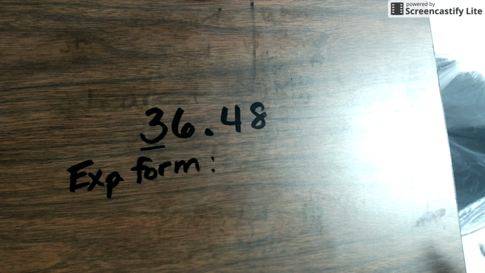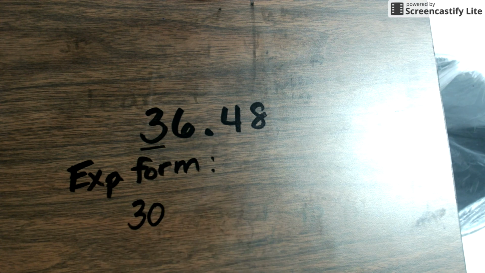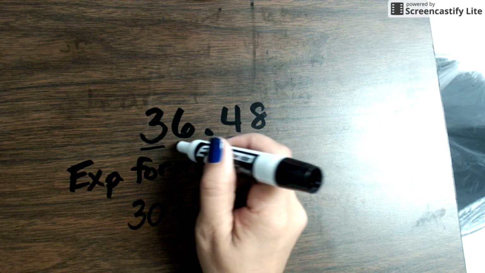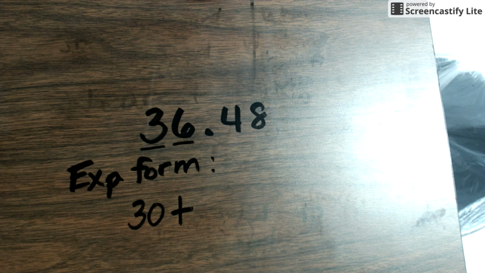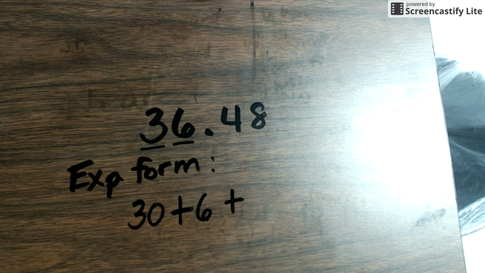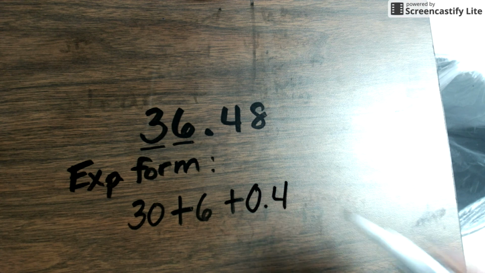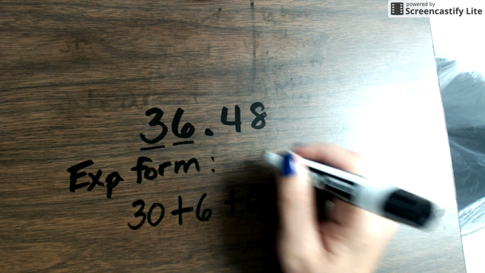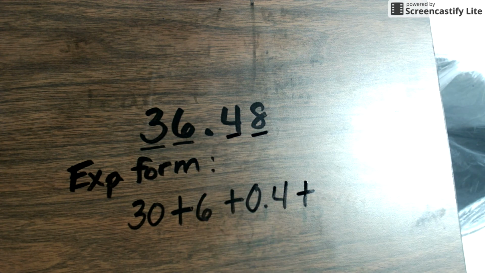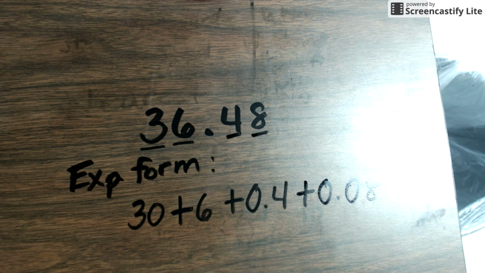So the 3 is in the tens place, so I know that it is worth 30 because 3 tens equals 30. Plus my 6 is in the ones place, so it's just worth 6. Plus my 4 is in the tenths place, so it's just worth 4/10. And my 8 is in the hundredths place, therefore it is worth 8/100ths. So that's our expanded form, okay?